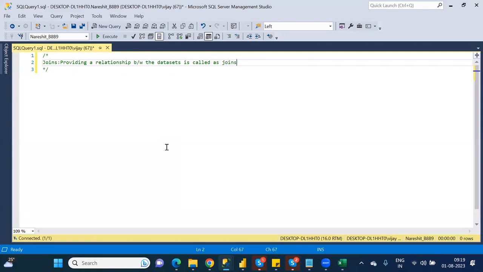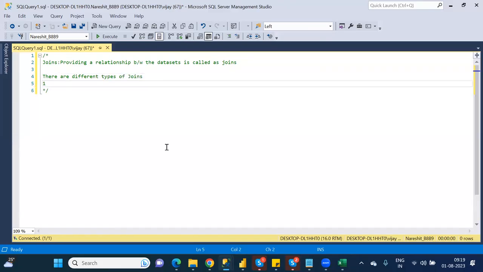Providing a relationship between the data sets is called joins. There are different types of joins.